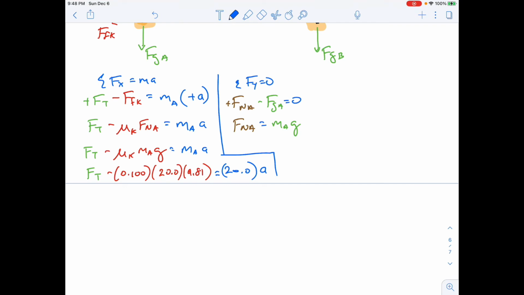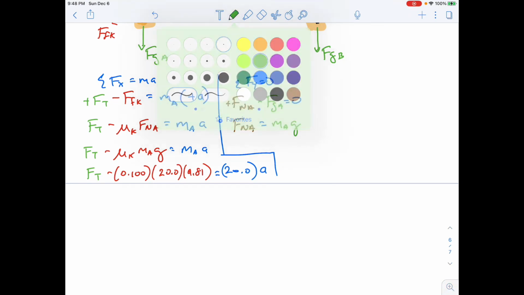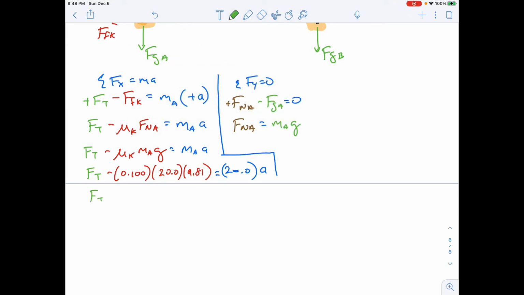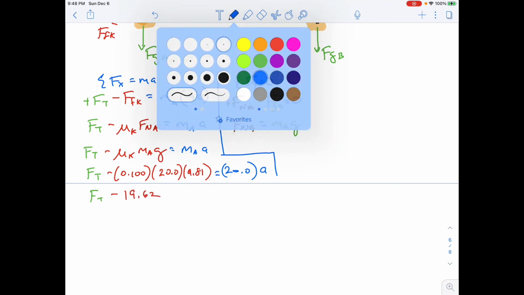So let me do that, because I should have done that already. 0.1 times 20, which is 2, times 9.81, which is 19.62. Why did I even do that? I don't know. Because it's late, and my mental math is just turned off right now.